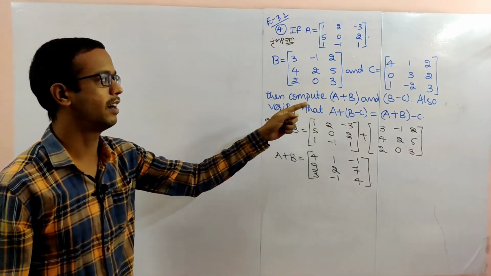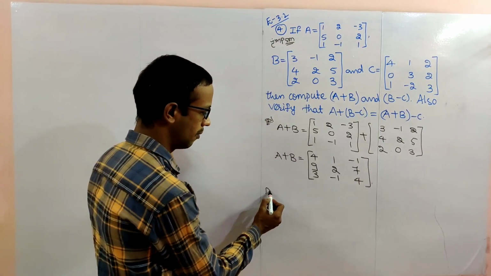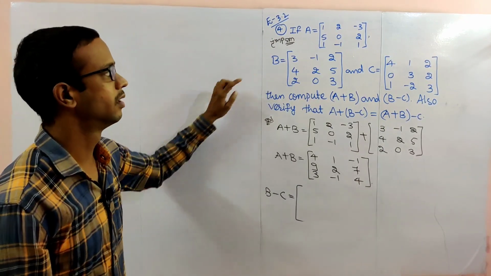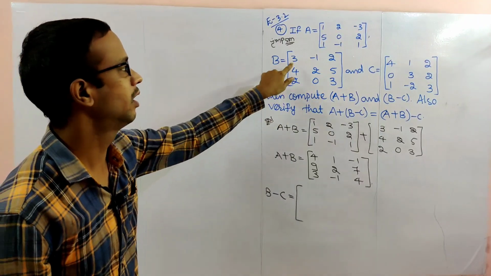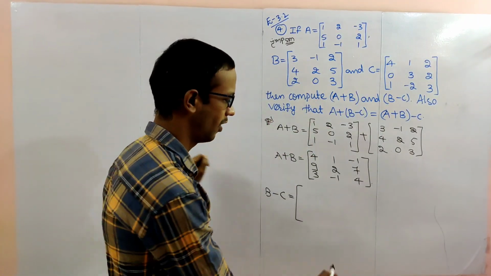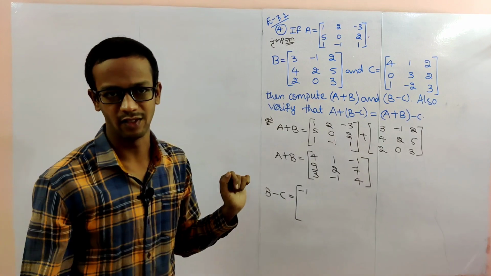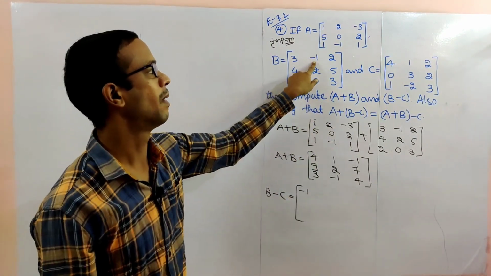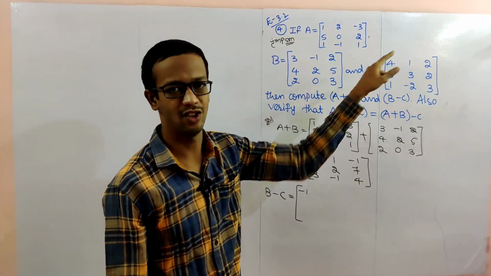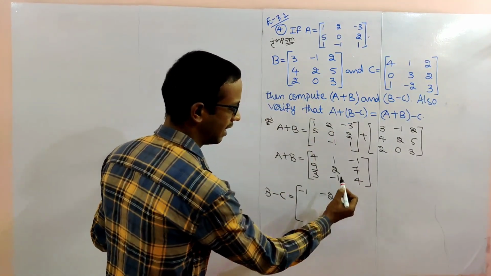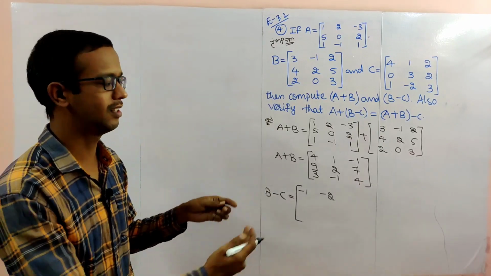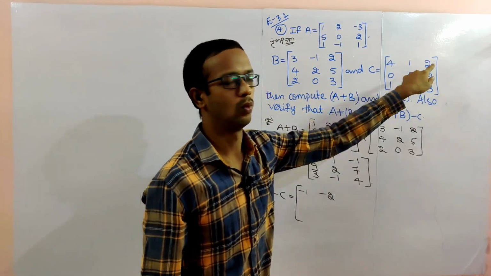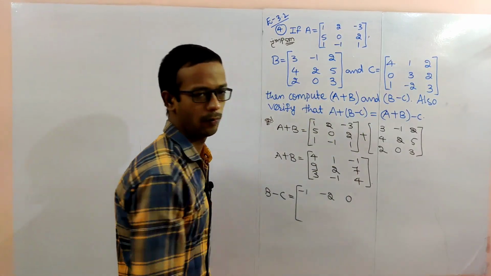Next, we have to find B minus C. Here, directly I am writing 3 minus 4, which is minus 1. Minus 1 minus 1, subtraction, is minus 2 you will get. If you are not understanding, write one more extra step. Next, 2 minus 2 is 0.